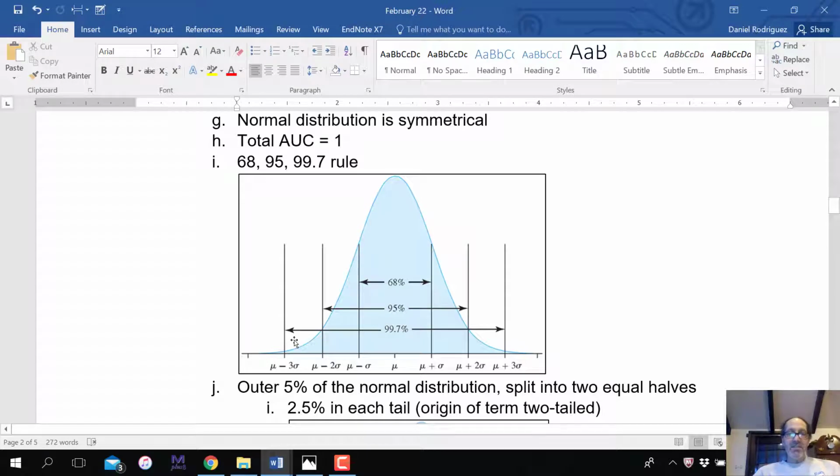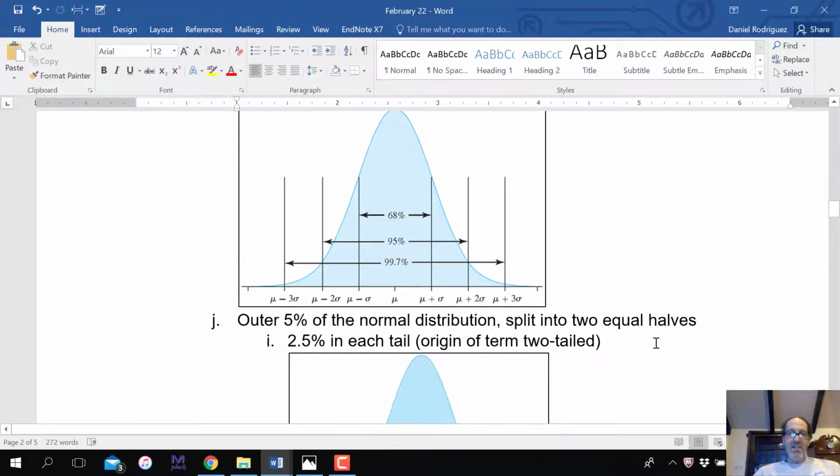And 99.7% of all values are between plus or minus 3 standard deviations of the mean. This is really, really important for you to know. And you need to mentally play around with this a bit.